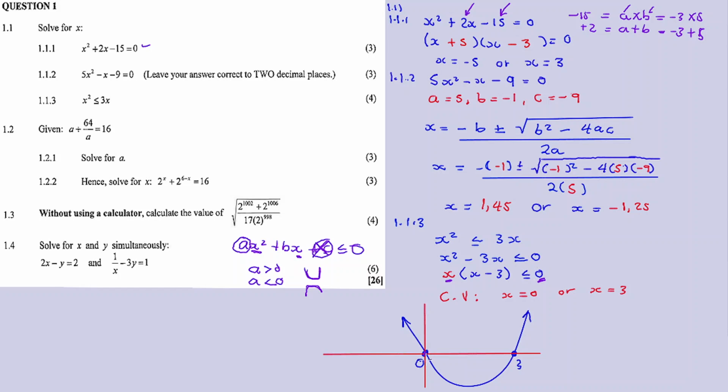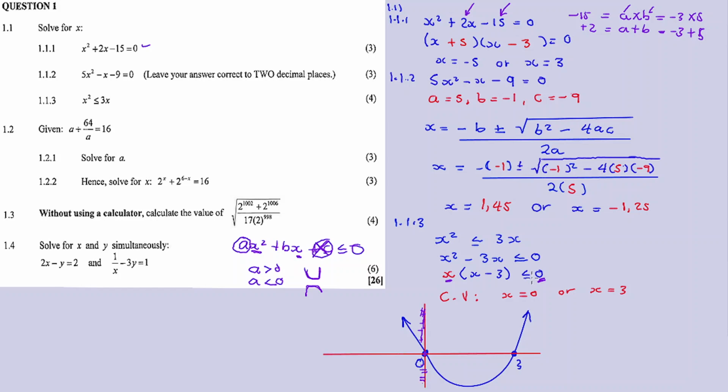If I go down, it's less than or equal to, right? Why? Because here it's negative, and on this side it's positive. So here it's greater than 0, and on this side it's less than 0.